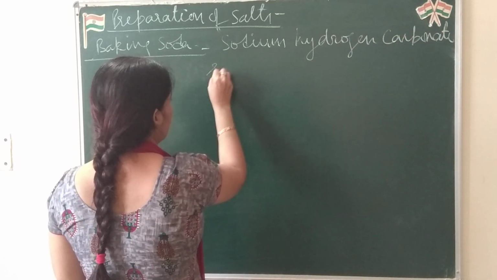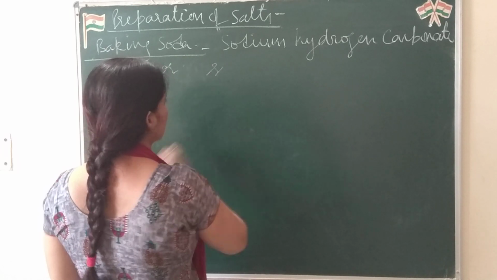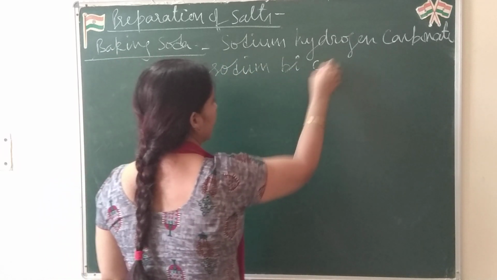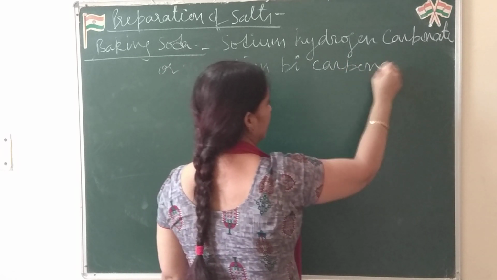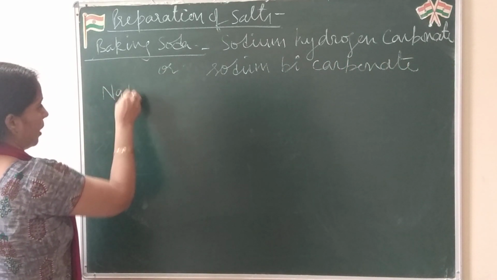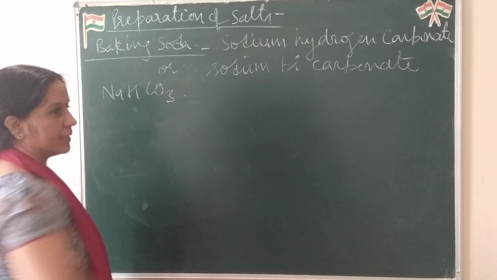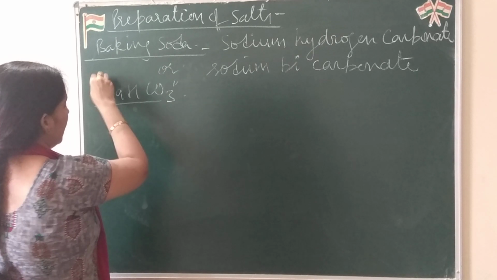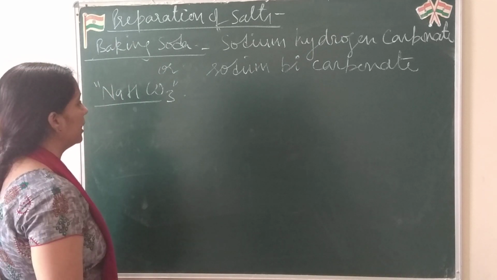It is also called, or simply, sodium bicarbonate. What is its formula? It is not new. We have done it in properties of acids. When acid reacts with metal hydrogen carbonate, we took sodium hydrogen carbonate there, NaHCO3.